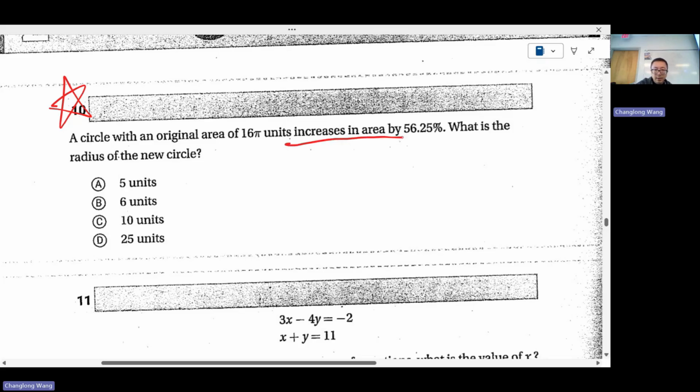Be careful with understanding something increased by 56.25%. Pi r squared.